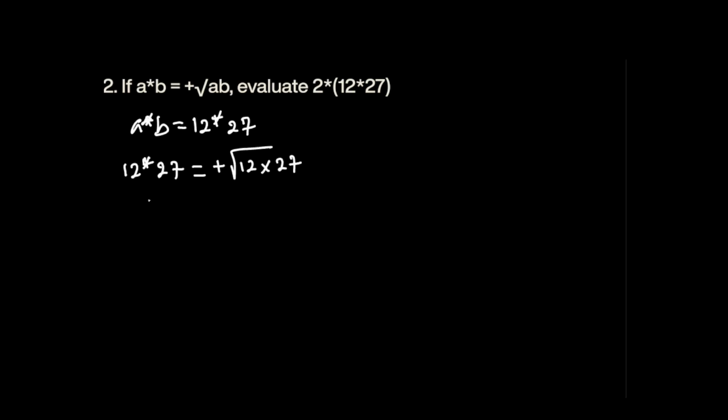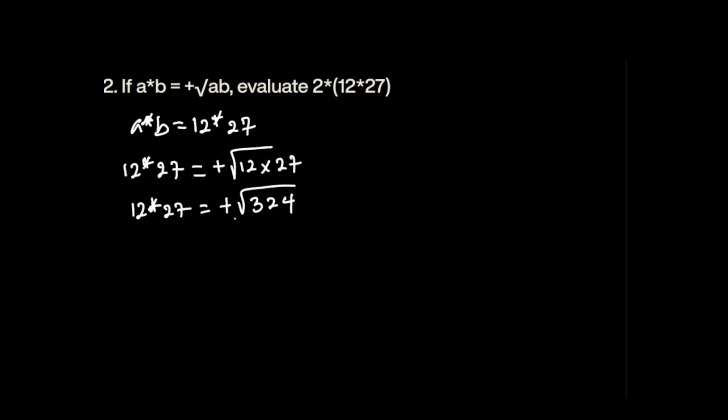So when you have 12 multiplied by 27, that will give us 324. So we have 12 operation 27 equals plus square root of 324. Now, you might be wondering why we have plus here. The reason is that the examiner wants us to pick the positive value only. Because when you take the square root of a number, you're going to have either the positive or negative.